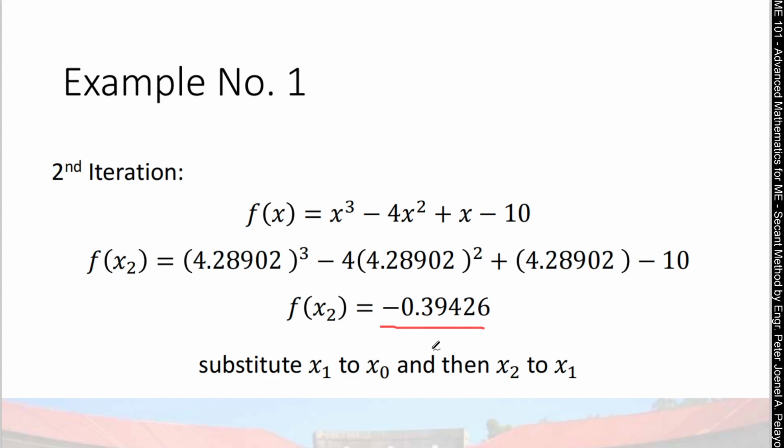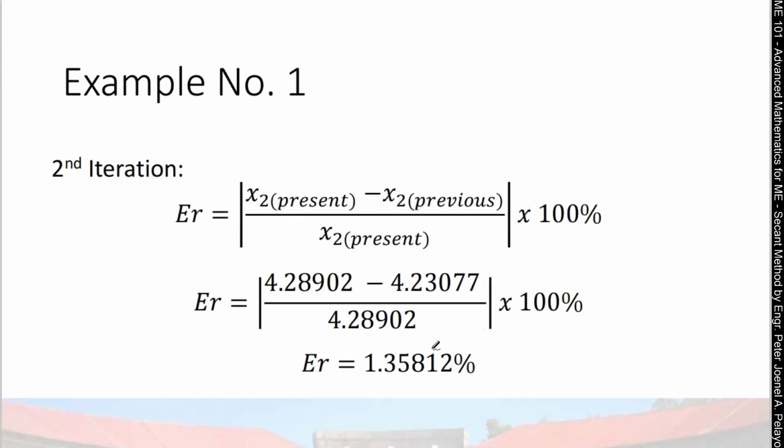So, substitute x1 to x0 and then x2 to x1. Pero wag natin kakalimutan si relative error with the formula: absolute value of x2 present minus x2 previous all over x2 present times 100%. So, makuha natin ER for the second iteration is 1.35812%.